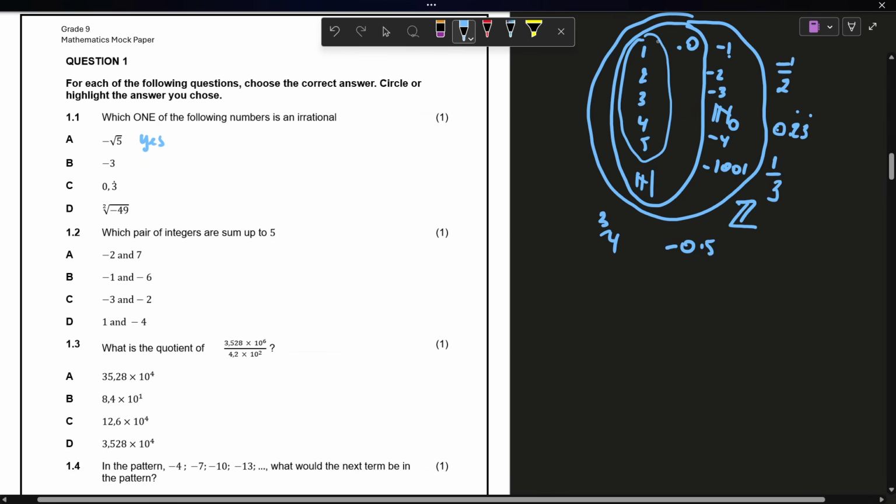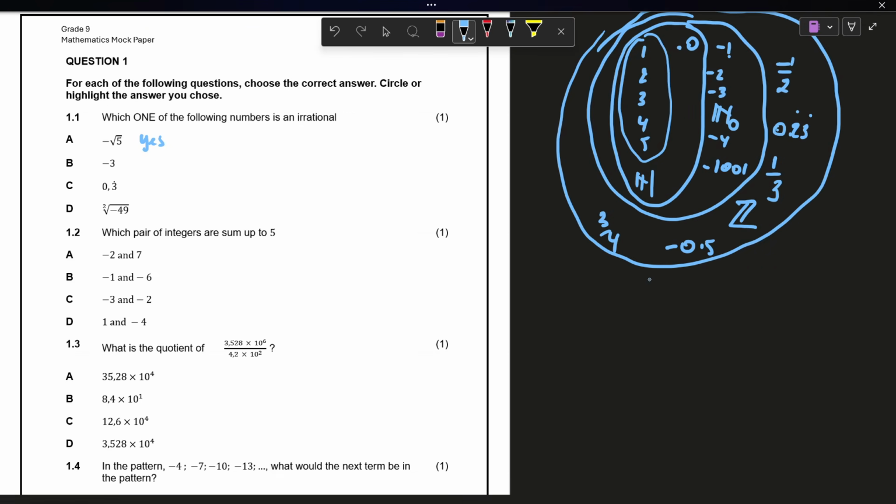All these integers together with all these fractions make the set of rational numbers. Rational simply means fraction. So all the numbers circled here are rational, meaning you can build fractions.